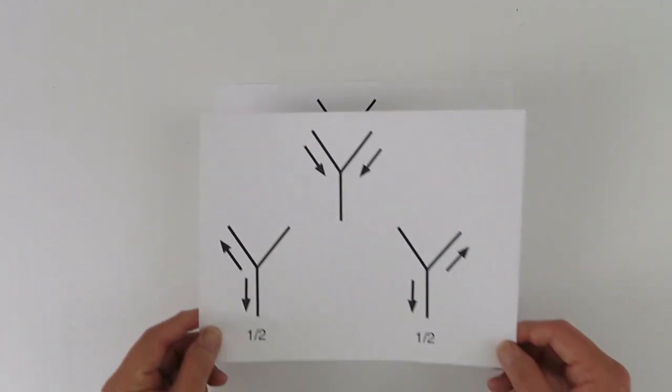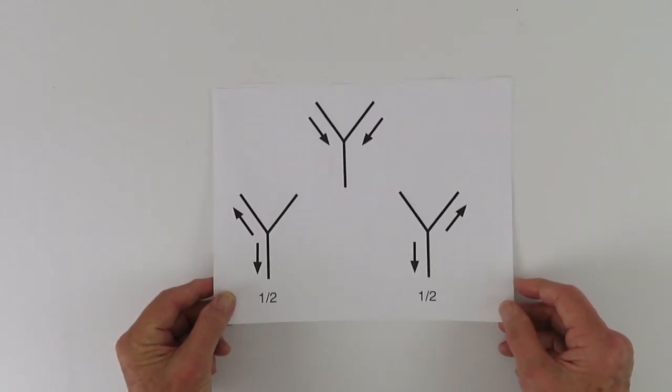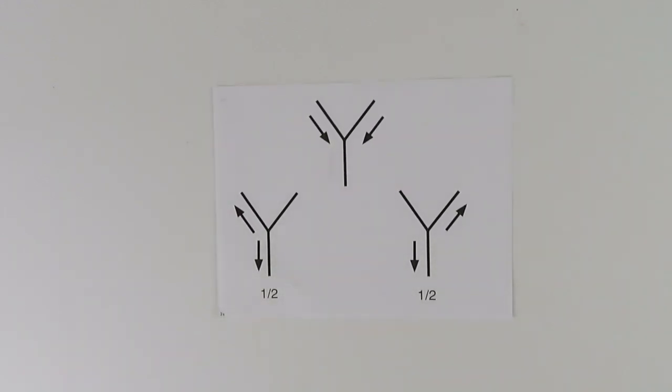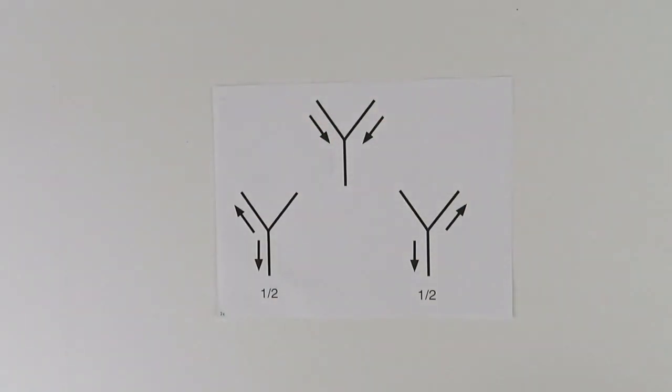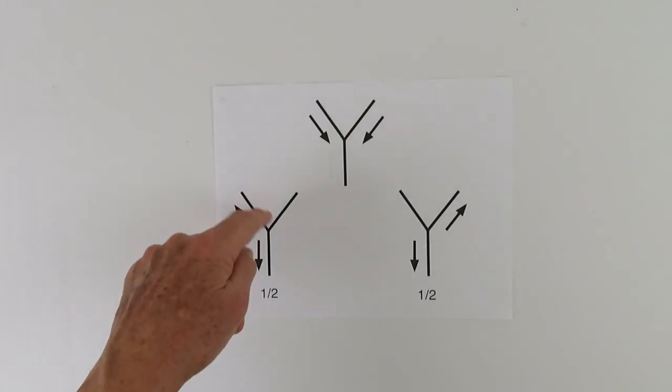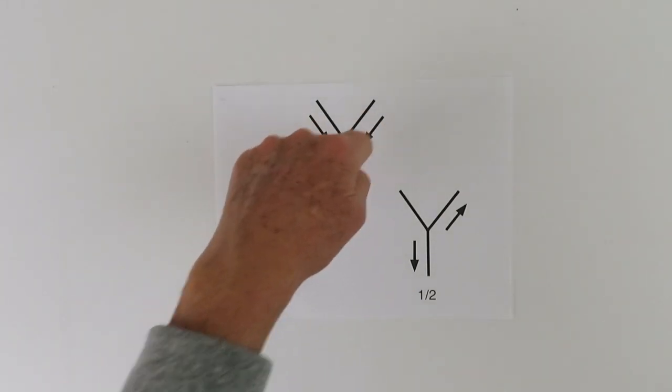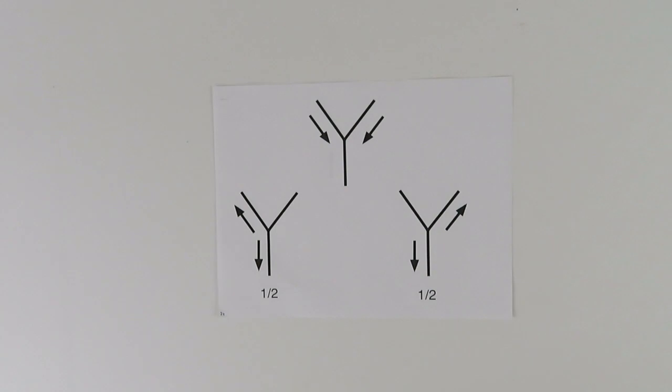A similar situation obtains with the two signals on a 3-edge node. Where do those signals go? Does one go here? Does one go back? And so with half probability you say that in this case the signal returns and this signal goes down like this.